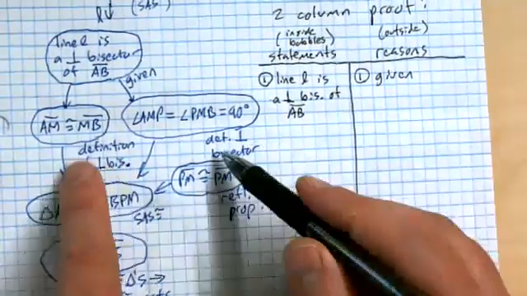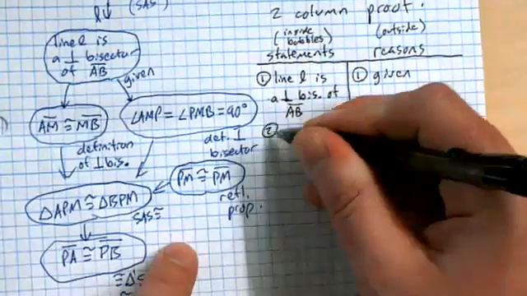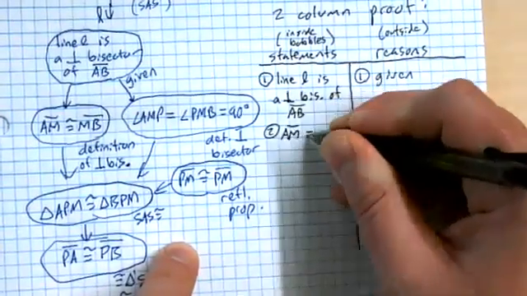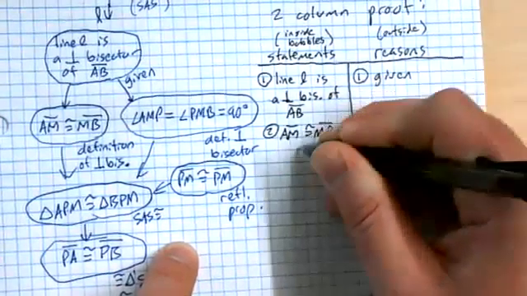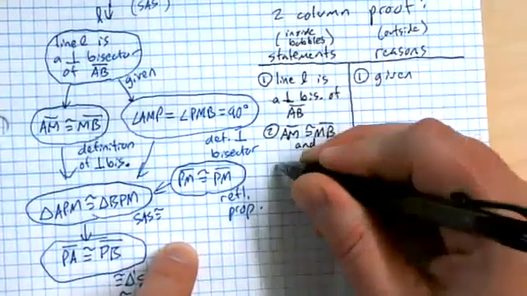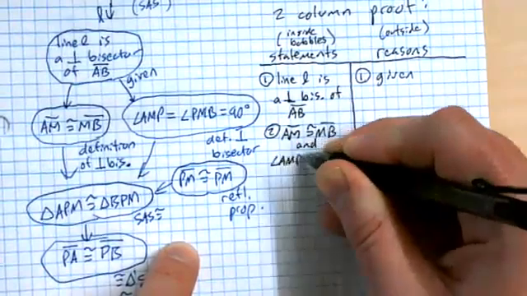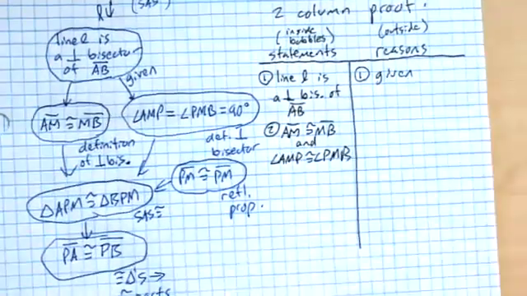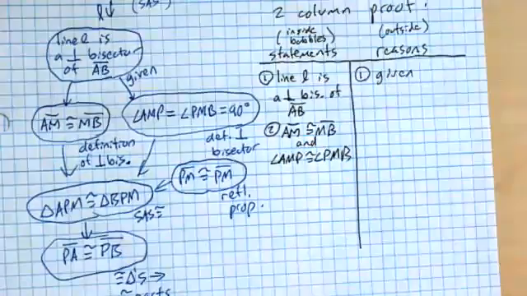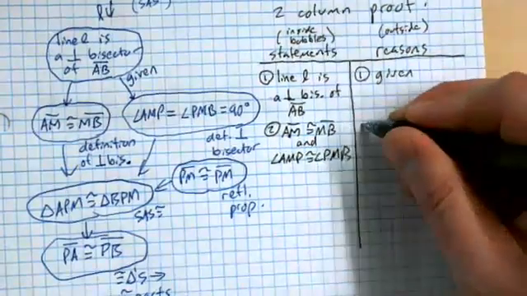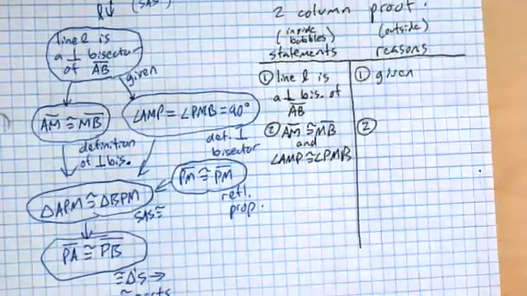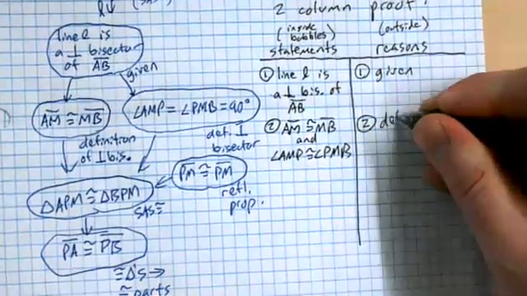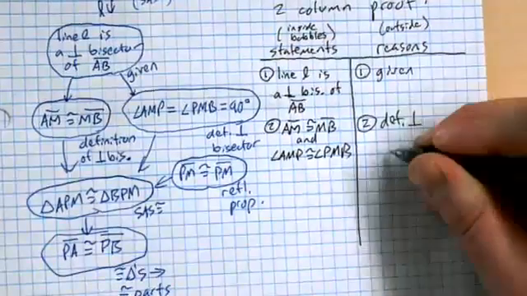So I'm going to go ahead and do number 2 as AM congruent to MB and angle AMP is congruent to angle PMB. I'm squeezing both of those bubbles into the same step, and I'm allowed to do that anytime the reason is the same for both of them. And the reason for both of them was definition of a perpendicular bisector.